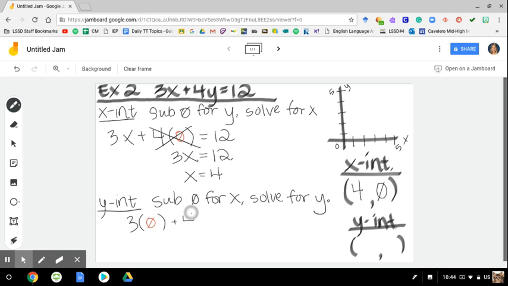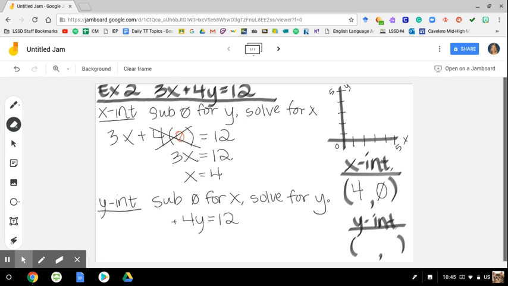Plus 4y equals 12. If I cover up 3, 0, or if I didn't even plug in 0 and it still said 3x, like this, but I cover it up, pretend my finger is covering up that one, what's left? 4y equals 12.